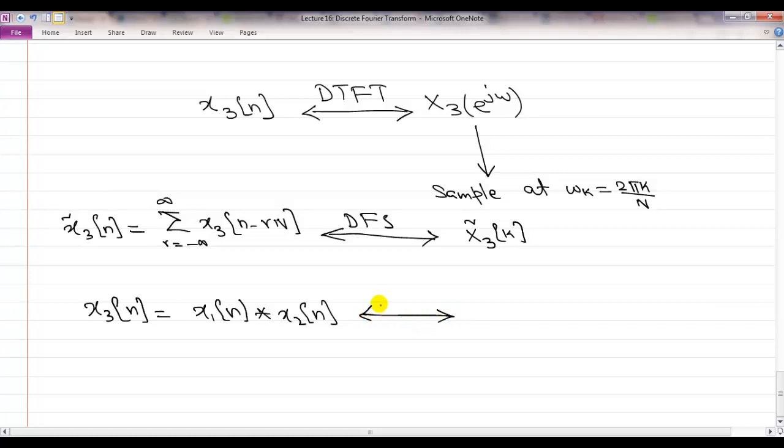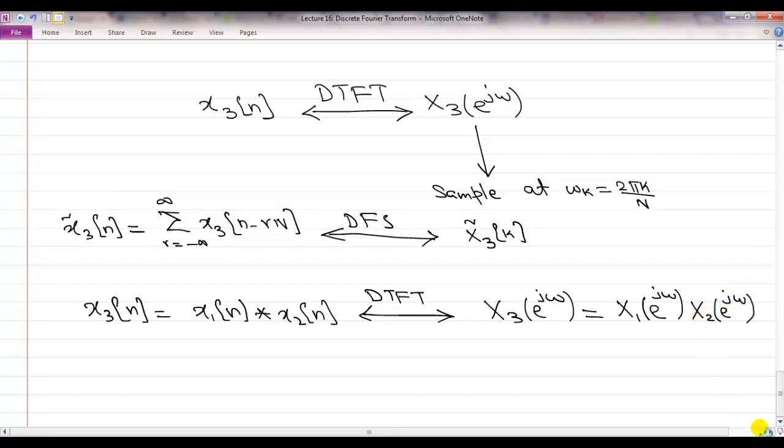What is the discrete time Fourier transform of that? The discrete time Fourier transform of linear convolution is multiplication of the discrete time Fourier transforms. So x3 of e to the j omega is equal to x1 e to the j omega times x2 e to the j omega.